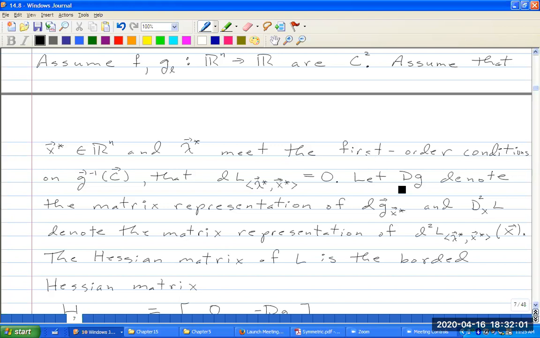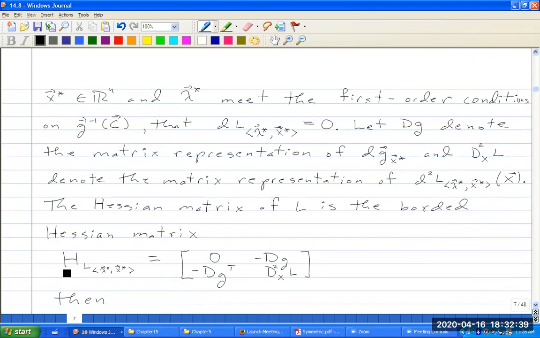Let DG denote the matrix representation of DG at this x where the derivative of L is 0, so where it satisfies these first order conditions, and D squared L denotes the matrix representation of the Hessian of L. The Hessian matrix of L is the bordered Hessian matrix, and we'll denote this H. So H is equal to the matrix where this is 0, meaning the zero matrix, of the size so that it makes this an actual matrix.